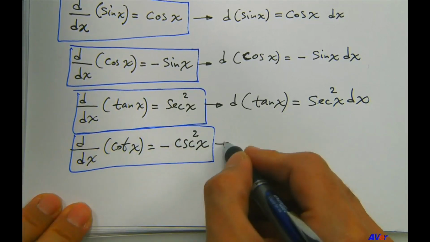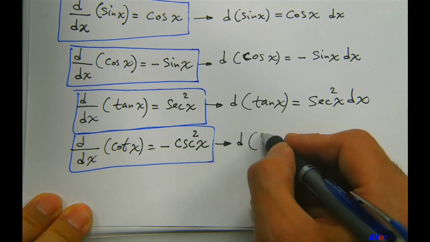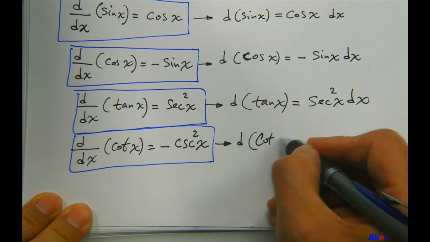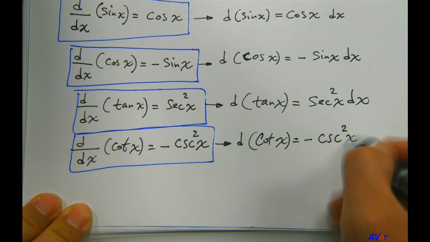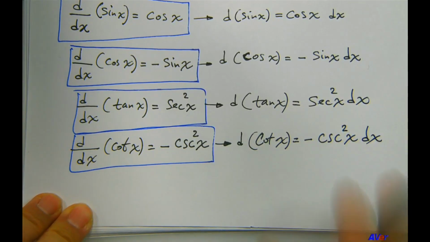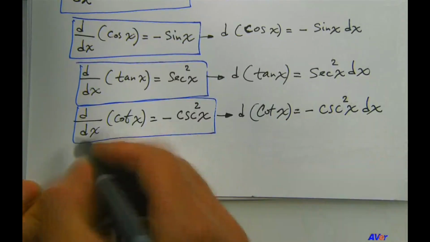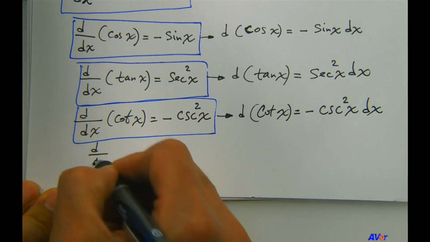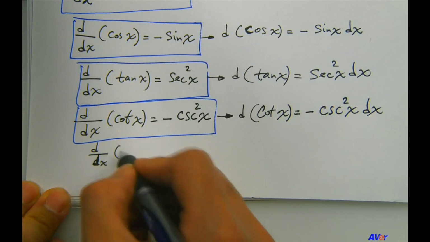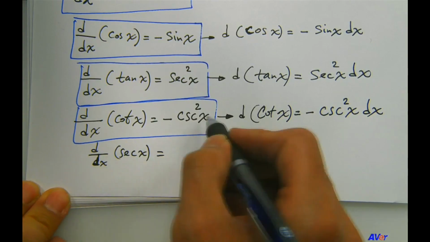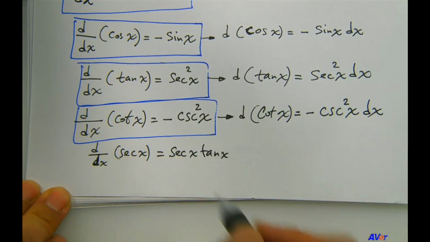Or in other words, we can practice for Calculus 2 and write this as the derivative of cotangent of x is equal to minus cosecant squared x dx. Okay? And then what else do we have? We have the derivative of the secant function, secant of x, which is equal to secant x tangent x.